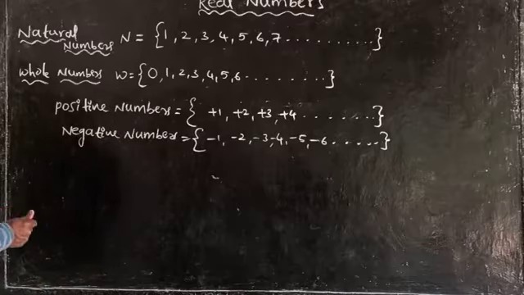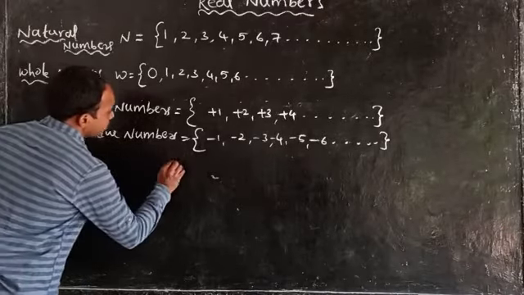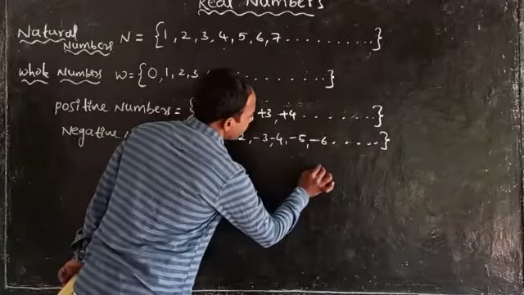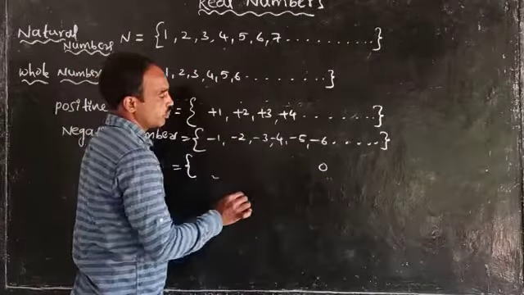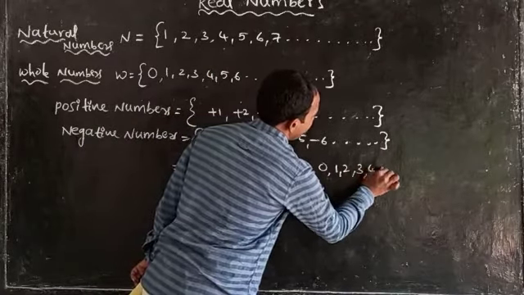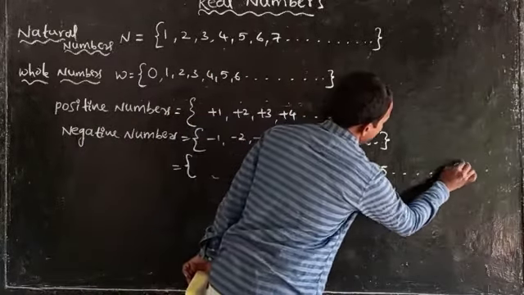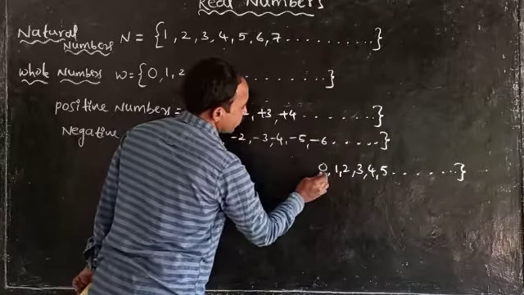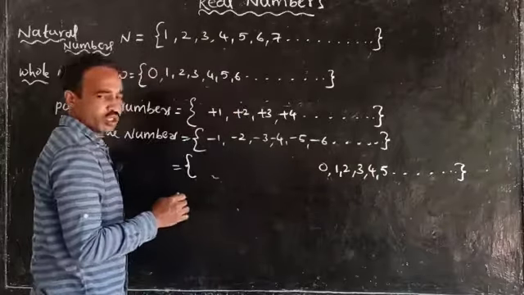Similarly, we have another set. Here we are writing 0 and also natural numbers 1, 2, 3, 4, 5 up to infinity. The right side of the 0 is natural numbers or positive numbers.